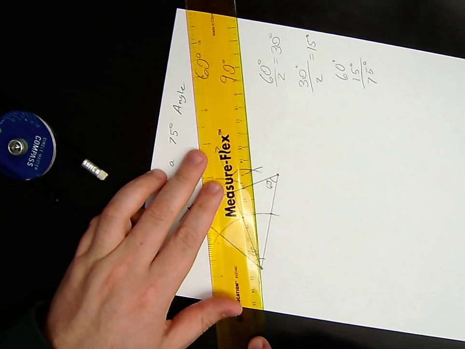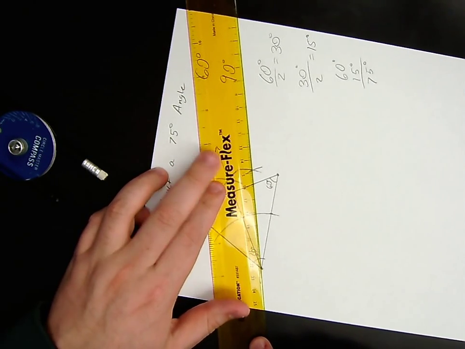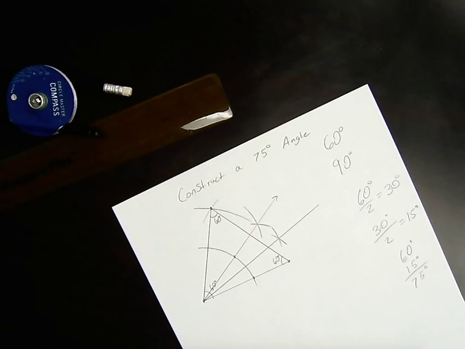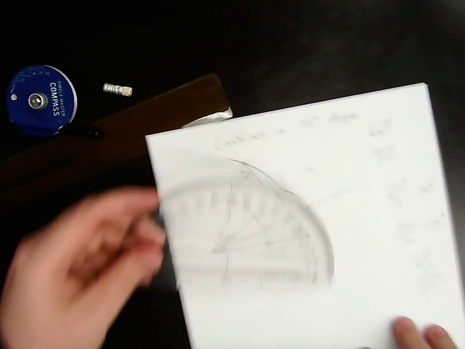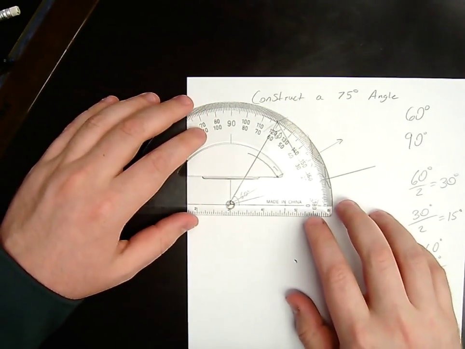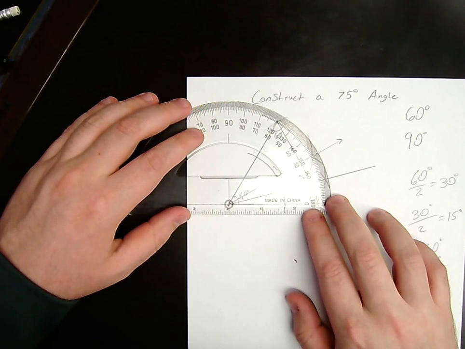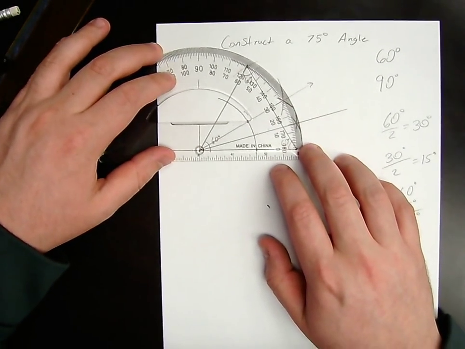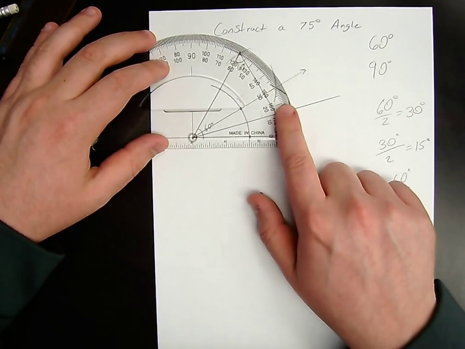So now when I connect, this will be my 15-degree angle. And just because I'm curious, I'm going to see how close to 15 degrees this actually is. And wow, that's actually pretty accurate. Almost right on there.